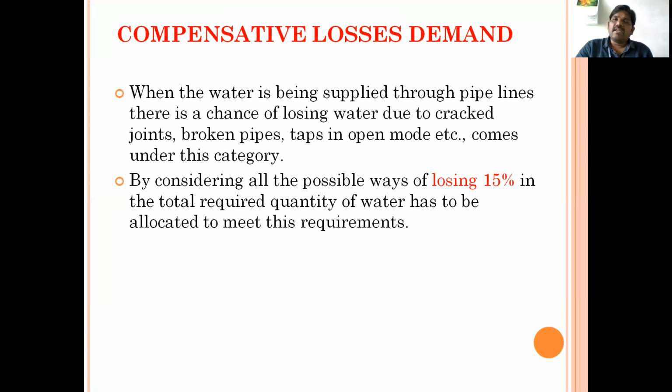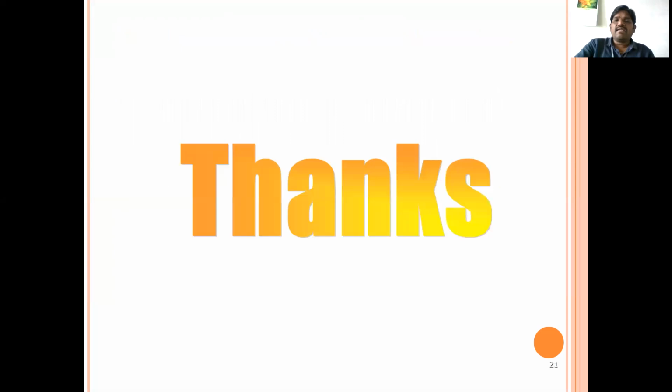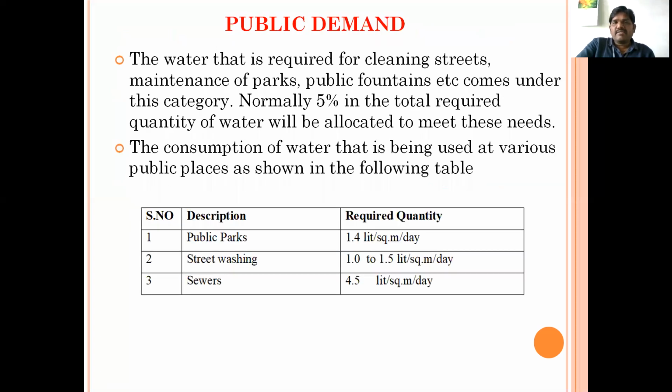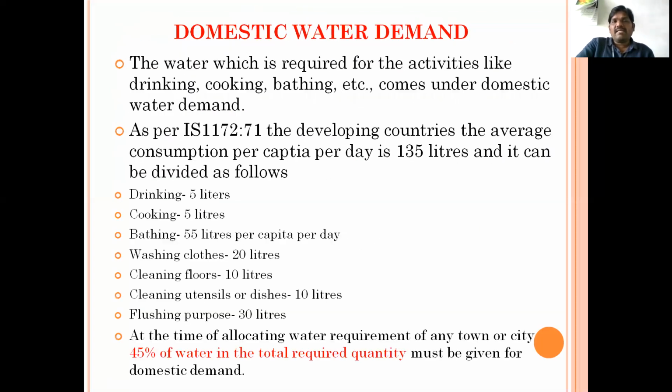That loss of water also has to be considered when calculating water to meet the needs of the people, and that comes under compensated losses demand. Under it, a total of 15% of the required quantity has to be allocated for compensated losses.